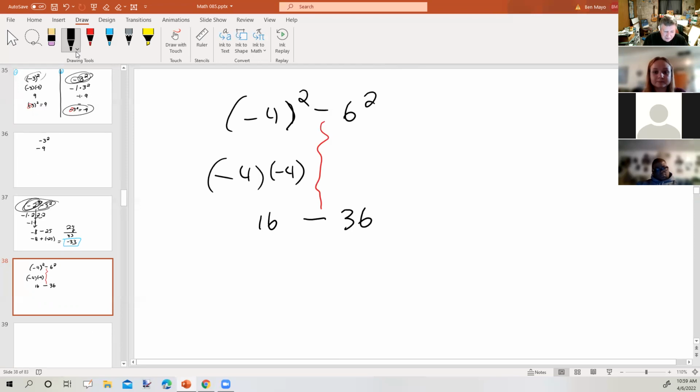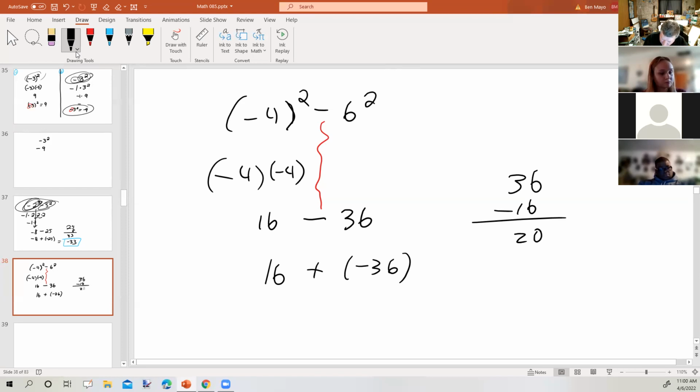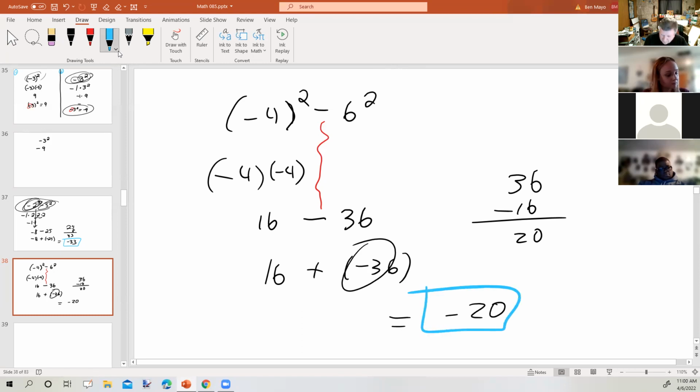I'm subtracting a larger number from a smaller number. I'm going to change that to addition of the opposite. Now, if you can take 16 minus 36 and look at it and go, oh, that's -20, great. I'm happy for you. You do it. But if you struggle with it, go through these steps: change subtraction to addition of the opposite. Adding two numbers with opposite signs, we subtract the smaller absolute value from the larger. But then we attach the sign of the number that had the largest absolute value. So final answer, -20.